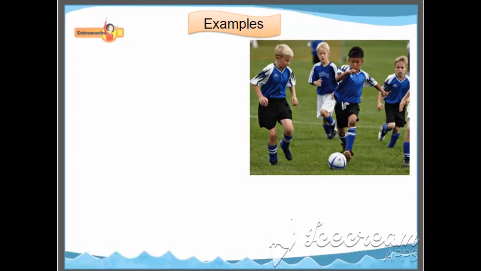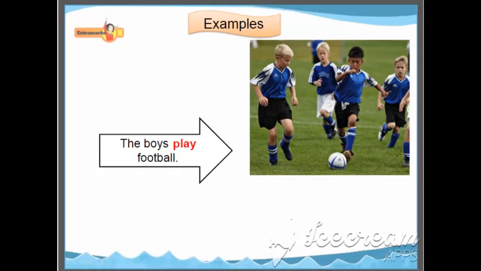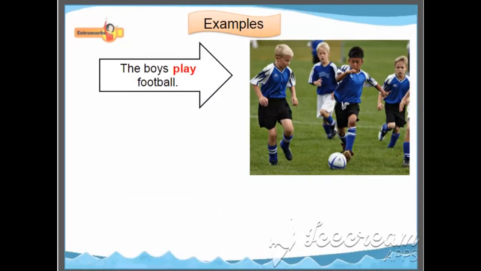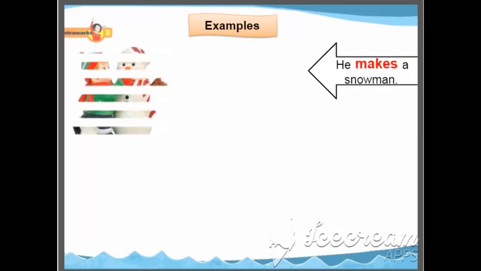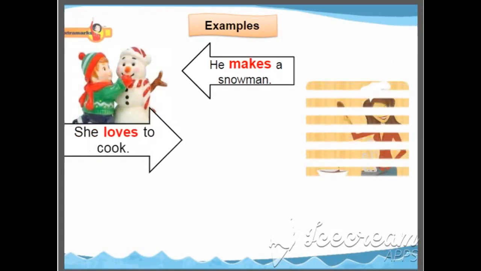Now look at some more examples. The boys play football. The chefs cook good food. The simple form of the verb play and cook is used with subject boys and chefs. Now look at few more examples. He makes snowman.